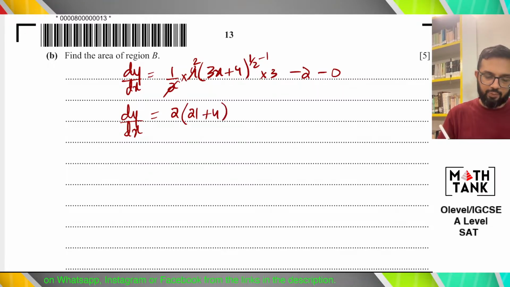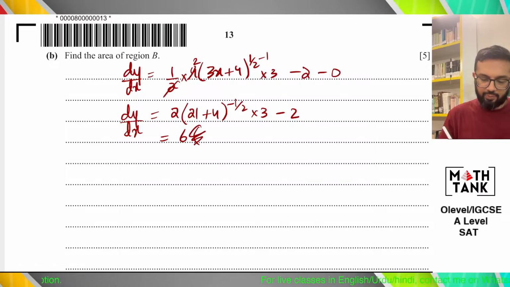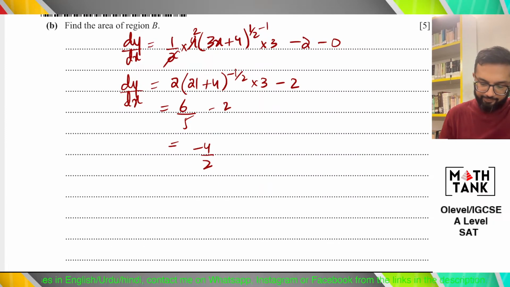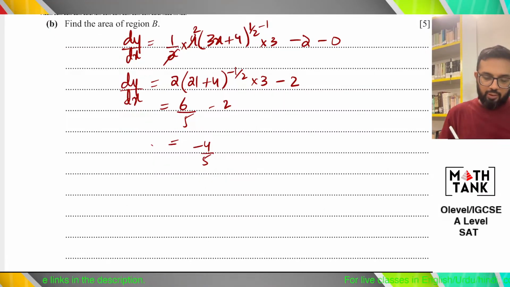21 plus 4 minus, that's 6 into 25, 6/5 basically, minus 2. That gives you a minus 4/2, minus 4/5. Okay, so that's the gradient of the tangent.